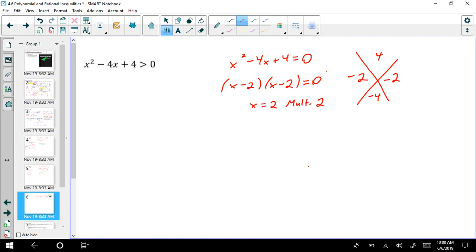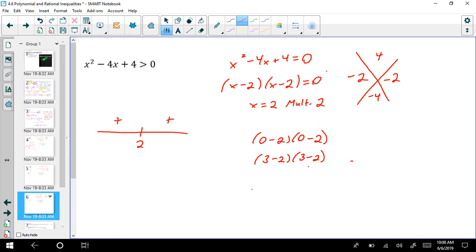So I get x equals 2 with a multiplicity of 2. So now, let's make our number line. I only have 2 to put on there. I'm going to check something to the left, so I'll do 0. So I'd get a negative times a negative, I'd get a positive. And now let's pick something to the right, I'll do 3. That'd be +1, +1, multiply them, I get a positive.